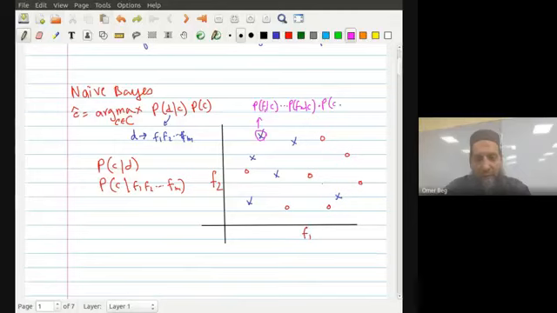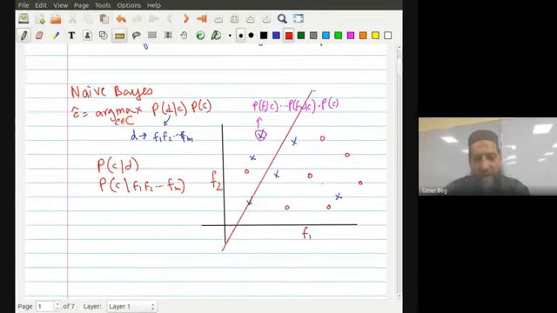Contrary to that, the logistic regression model says, okay, why not learn a function in this feature space? If we can map the features onto a real space, then why not learn a linear function like this? All of these that I'm showing you here are linear functions.